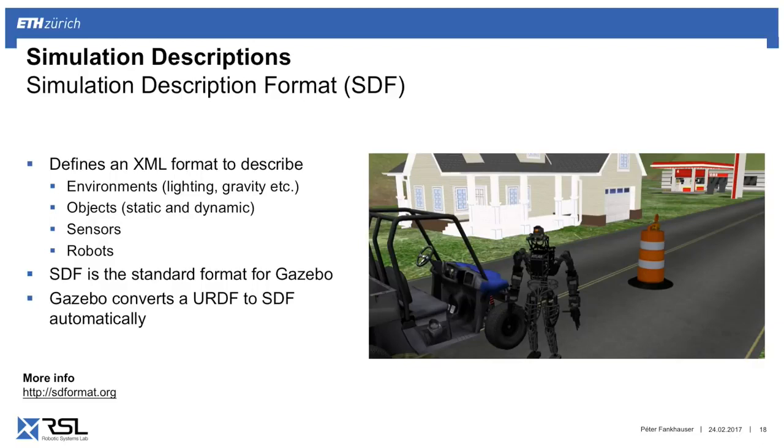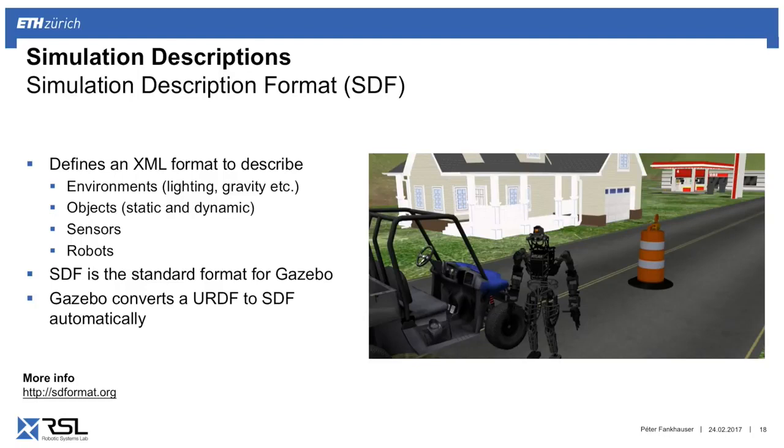Now, very similarly to the robot description format, Gazebo works with a simulation description format. It's essentially an extension of it because the SDF can hold robots, but it also contains information about the environment, such as light, gravity, and also other objects like here the house or the car.